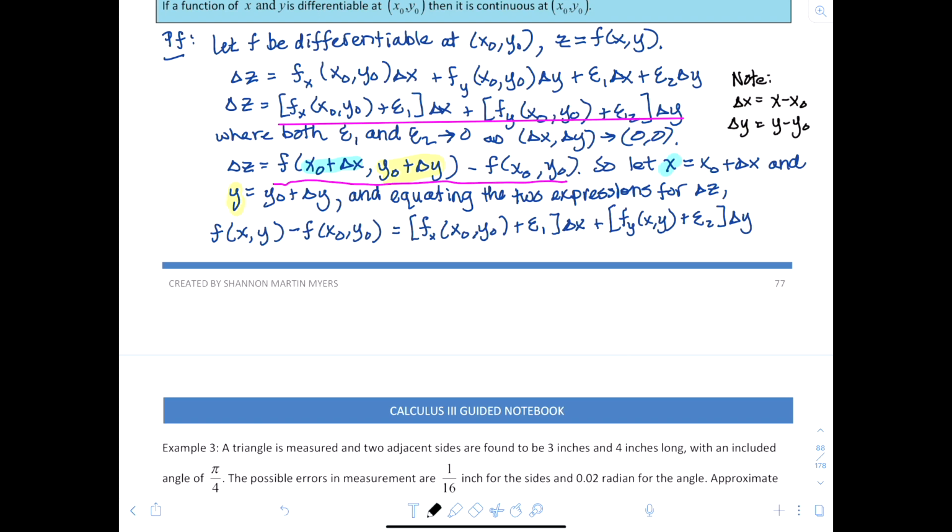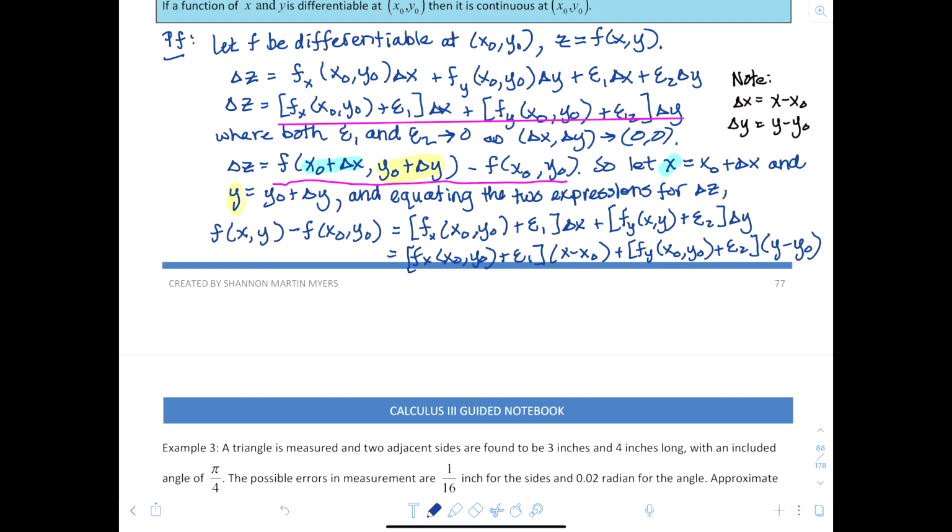So, substituting that in on the right side, this would end up being fx of x0, y0 plus epsilon 1 times x minus x0 plus fy of x0, y0 plus epsilon 2 times y minus y0.